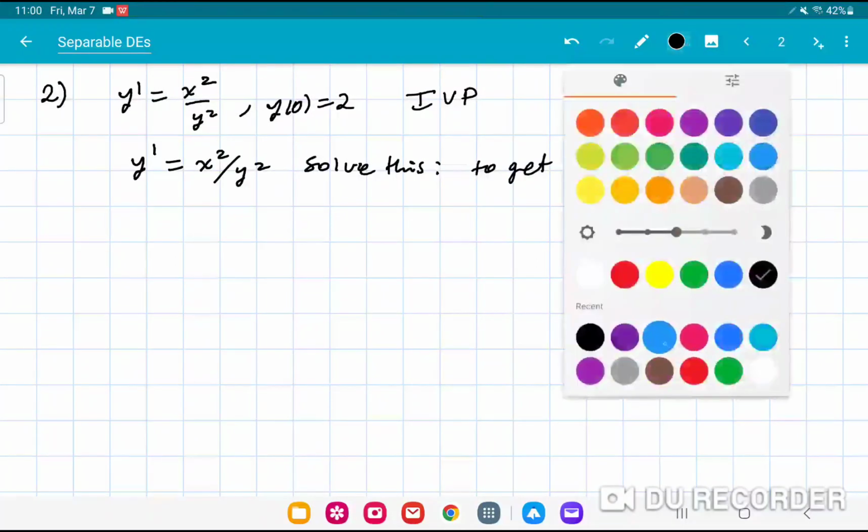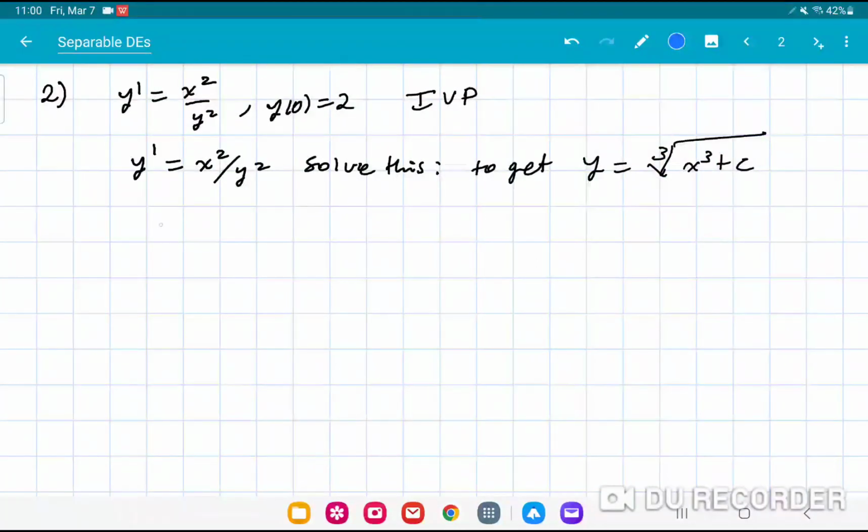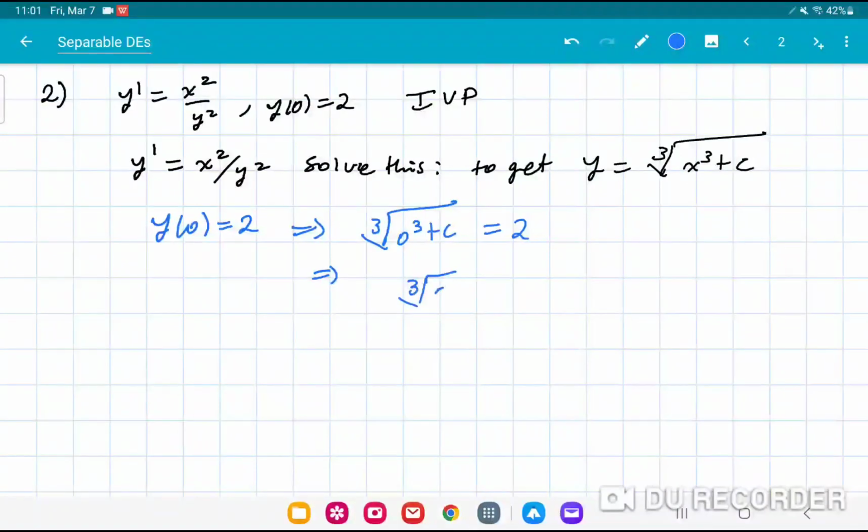Now, the additional work we need to do is, since y of 0 equals 2, we're going to stick 0 in for x and set it equal to 2. So that will be cube root of 0 cubed plus c equals 2, which gives you cube root of c equals 2, and that gives you c equals 2 cubed, which is 8.